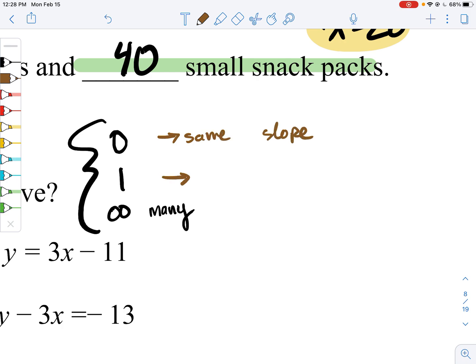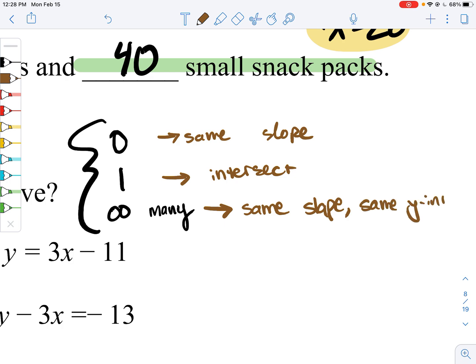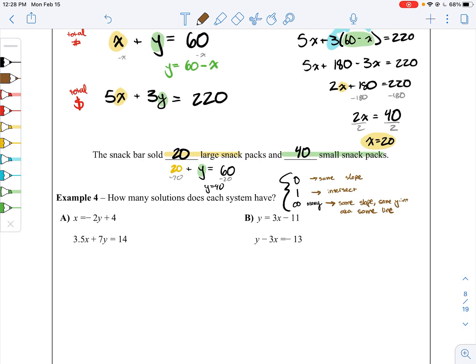When you had one solution, it's because they intersected. And when you have infinitely many solutions, it's because they had the same slope and were the same line.